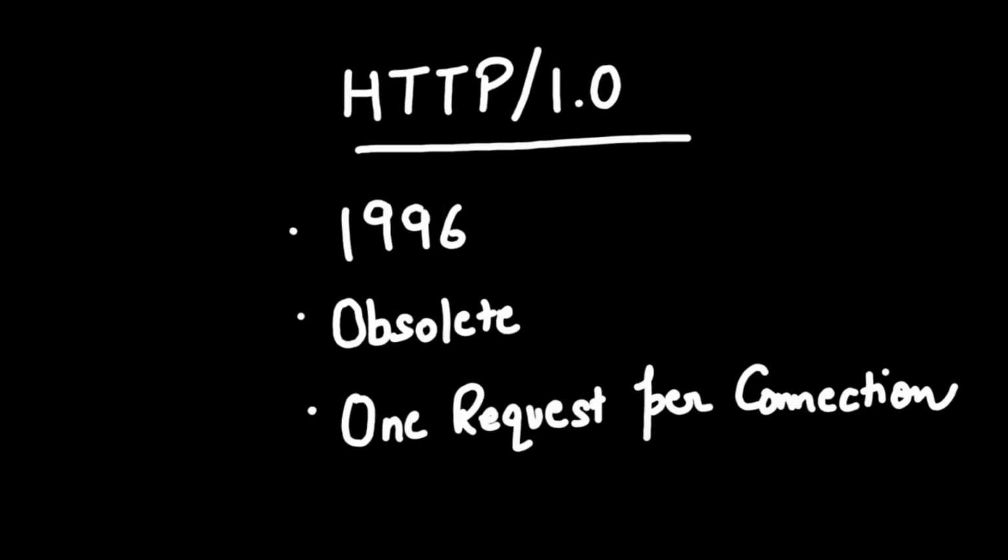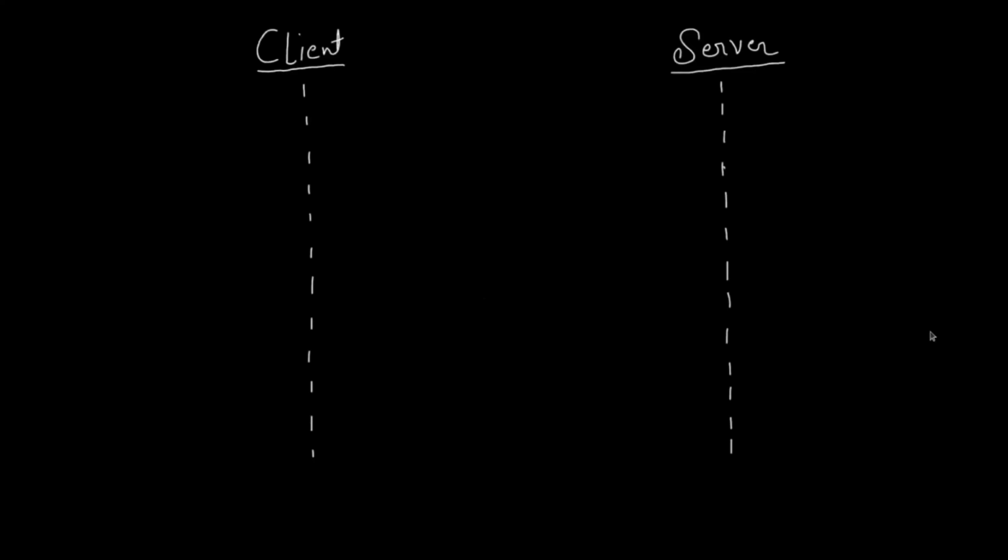To understand this limitation of HTTP 1.0, let's discuss how exactly HTTP works. So now let's see how HTTP communication takes place between client and server. As part of any HTTP request, first the client needs to establish a connection with the server. To establish a connection with the server, it's a three-way handshake process.